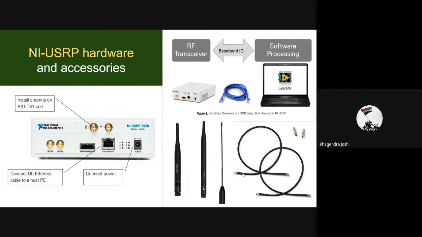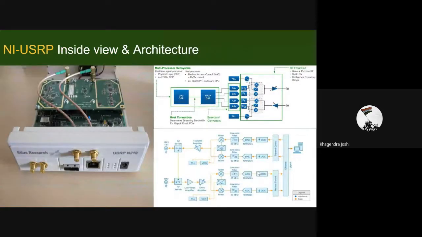One end of this cable will be connected to the transmitter, and the second end will be connected to the receiver port of that particular receiving setup USRP, right? It will be more clear in the video, which I'll show you at the end.